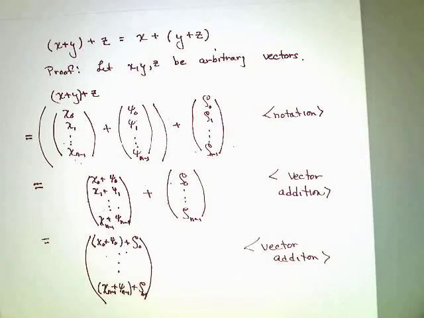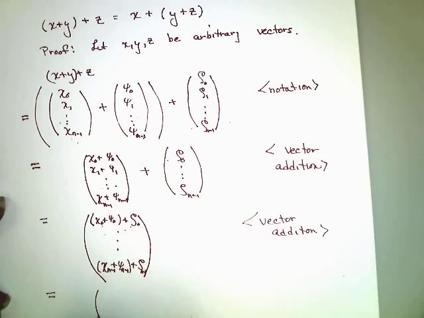Now we know that each of these components is actually just a real number. So this is just real number addition, and real number addition is associative. I can use that fact now to rewrite my vector in the form of the first component. I could write it as chi 0 plus the quantity psi 0 plus zeta 0, and so forth.